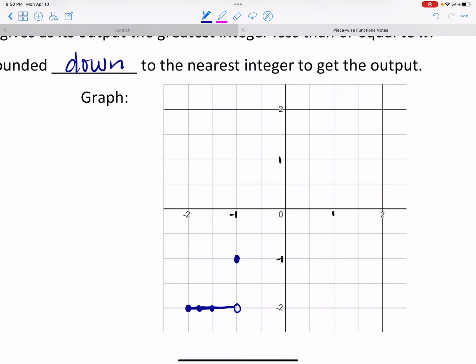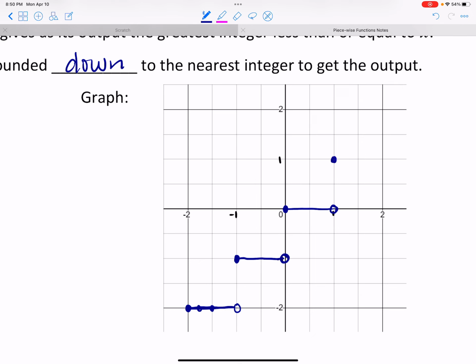And then the same thing is going to happen here. Any of these numbers, these inputs in here, they're going to round down to negative 1. So we're going to have another step here, but I don't want to include 0 because 0's floor would be 0. And now anything in here would round to 0 except for 1. So we're going to get as close to 1 as possible, but the floor for 1 would be 1.